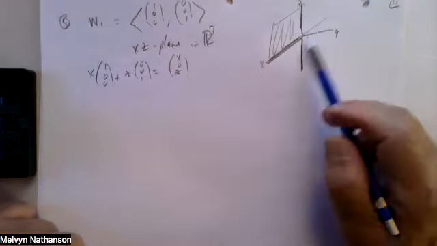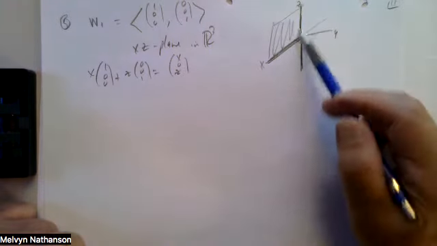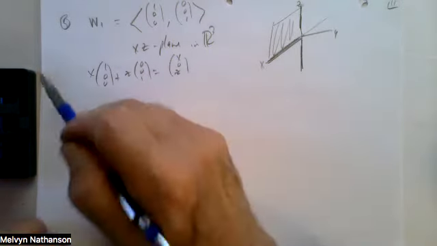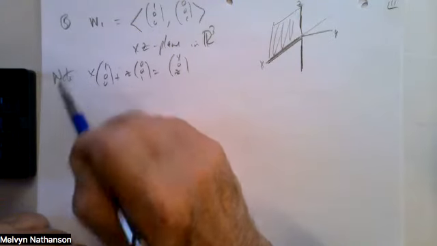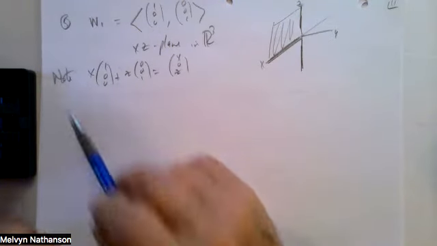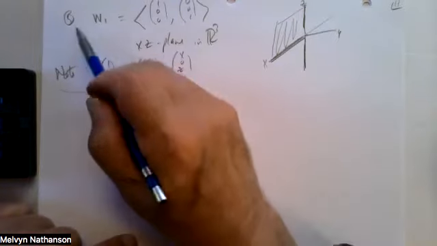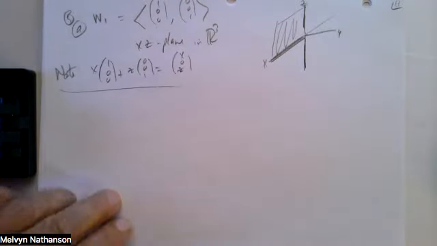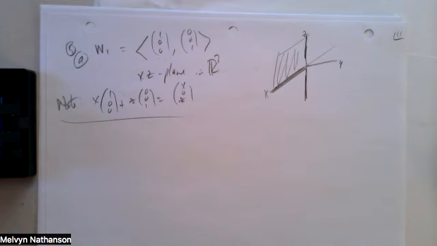That's all vectors where the y coordinate is 0, which means the xz plane. Just note that. Okay.